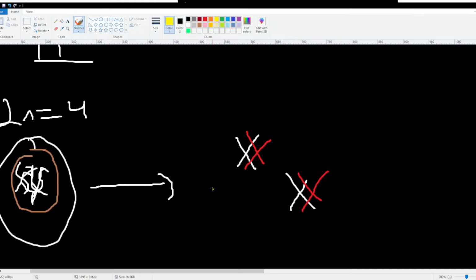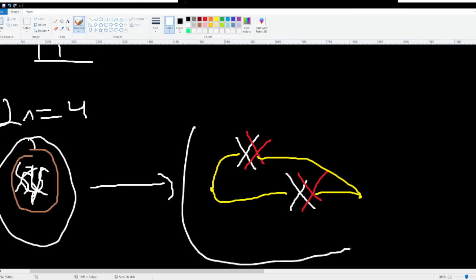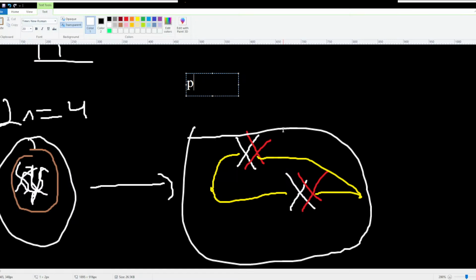And then we have the mitotic spindles starting to form, and then that's the cell. So now this is during Prophase 1.